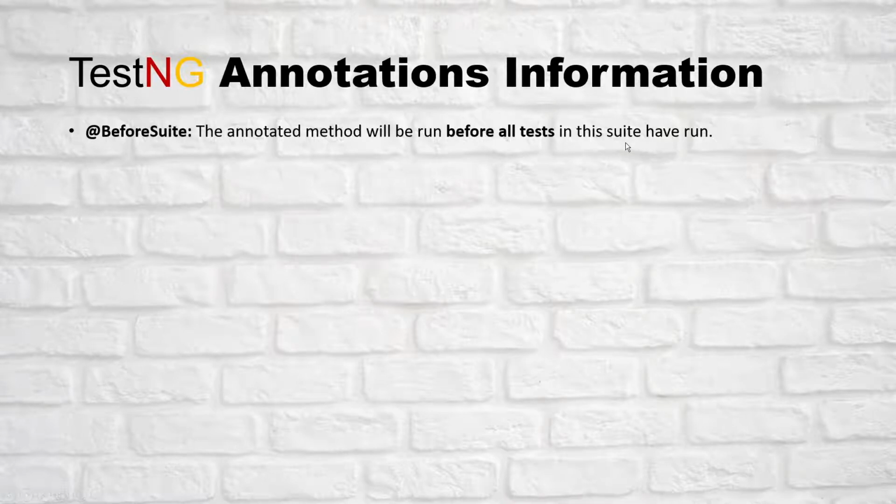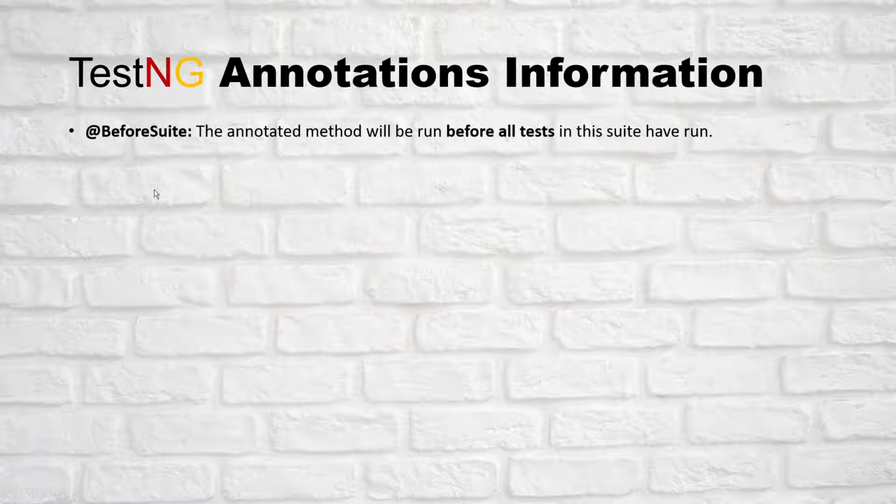So when you are executing your suite, before all the tests within that suite are executed, the method with this annotation will be executed first. For example, if you have a regression suite, a smoke suite, a sanity suite, they all have tests to be executed. Now if you want one test to be executed before all of them, then for that particular method you have to use before suite on top of it.